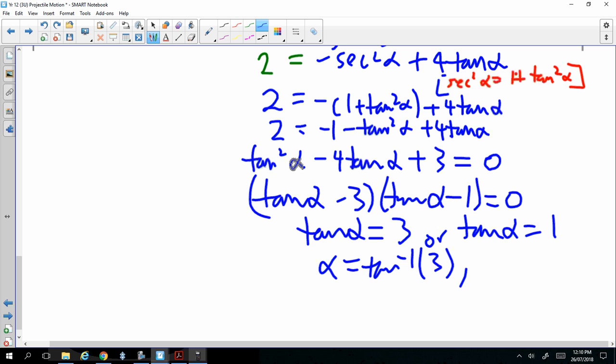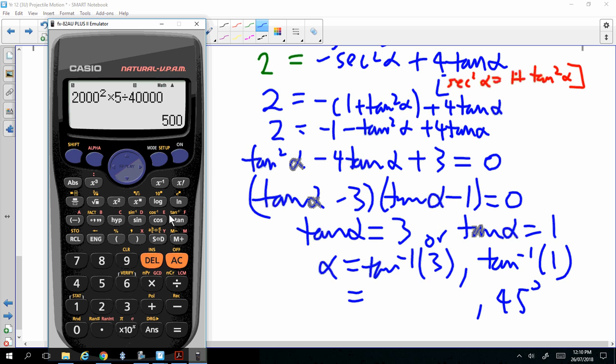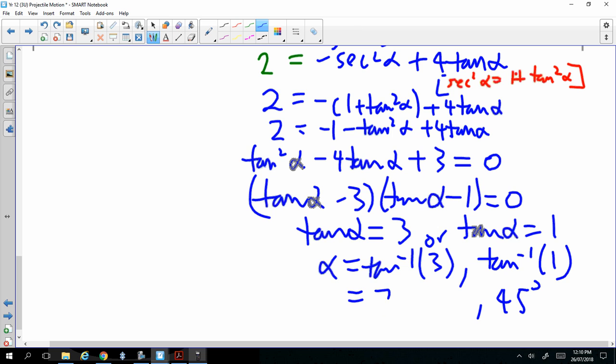So you get 45 degrees in degree mode. For the other angle, you go shift tan 3, which to the nearest minute is 71 degrees 34 minutes. So you got these 2 angles.